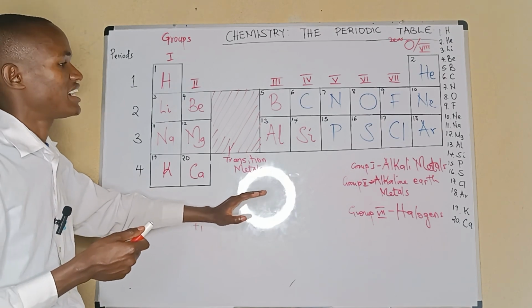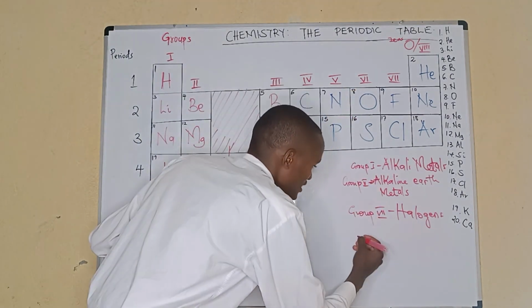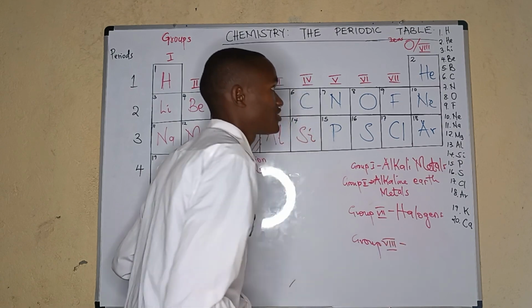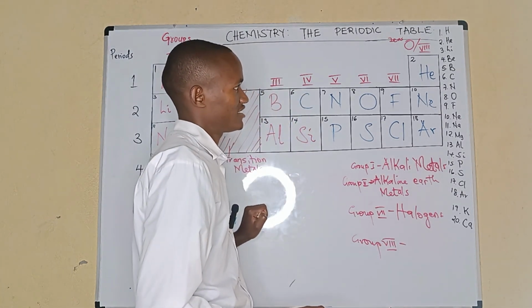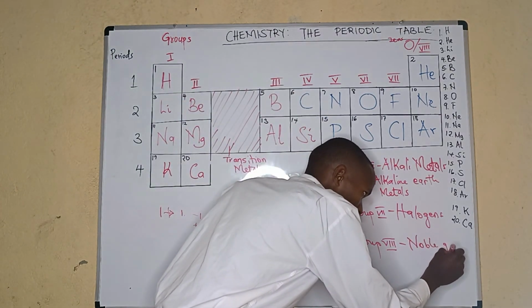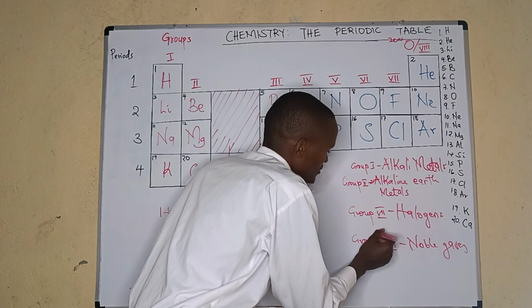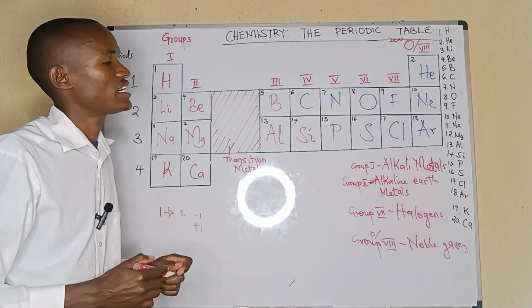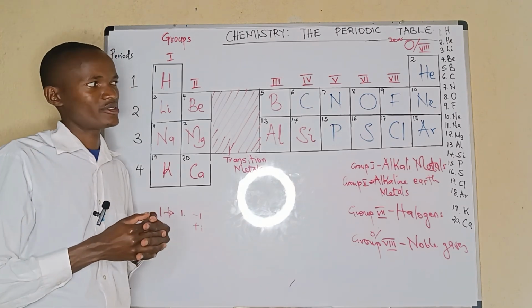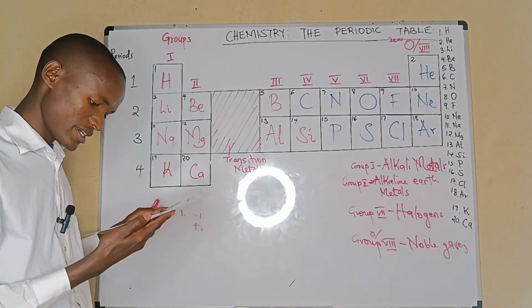From alkali metals, alkaline earth metals, group 7 halogens, and then group 8 or group 0. They are called noble gases or inert gases: helium, neon, argon, krypton, xenon, radon.